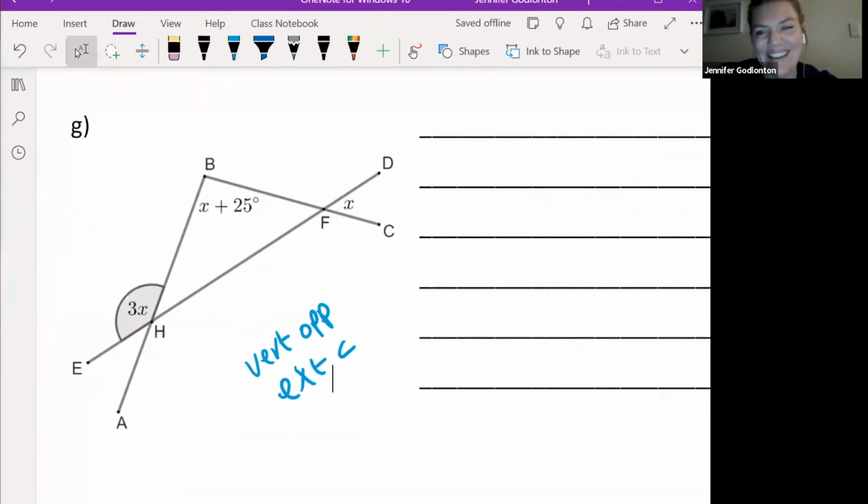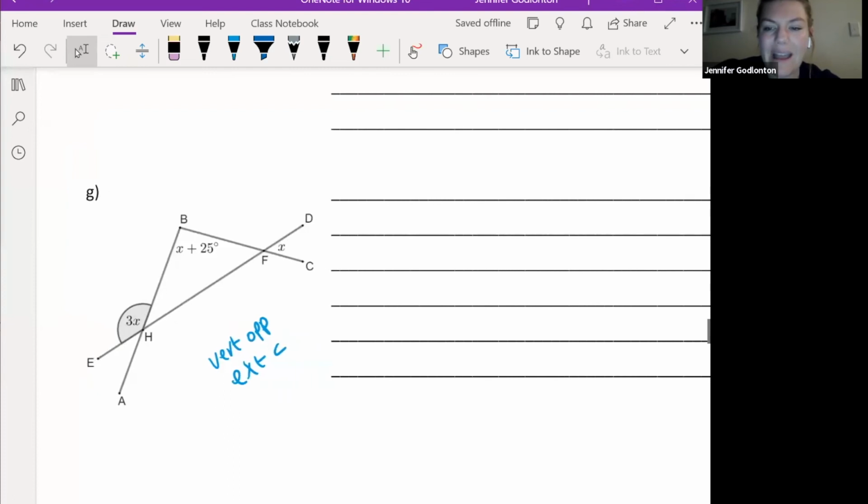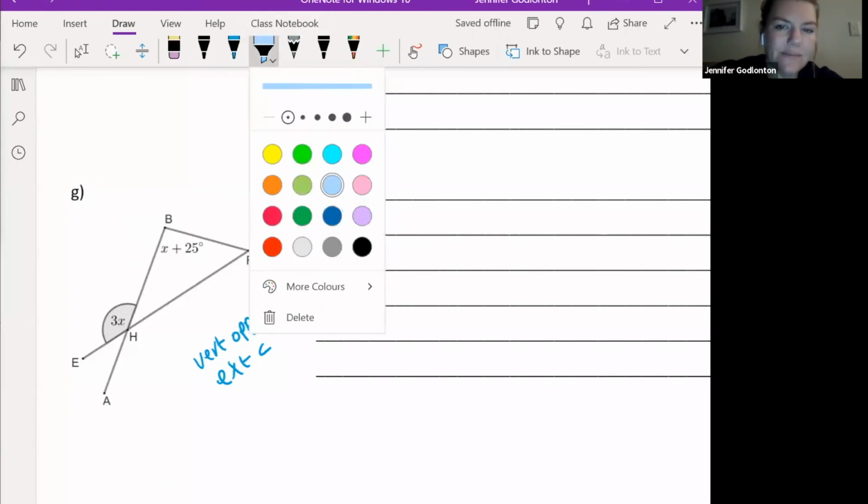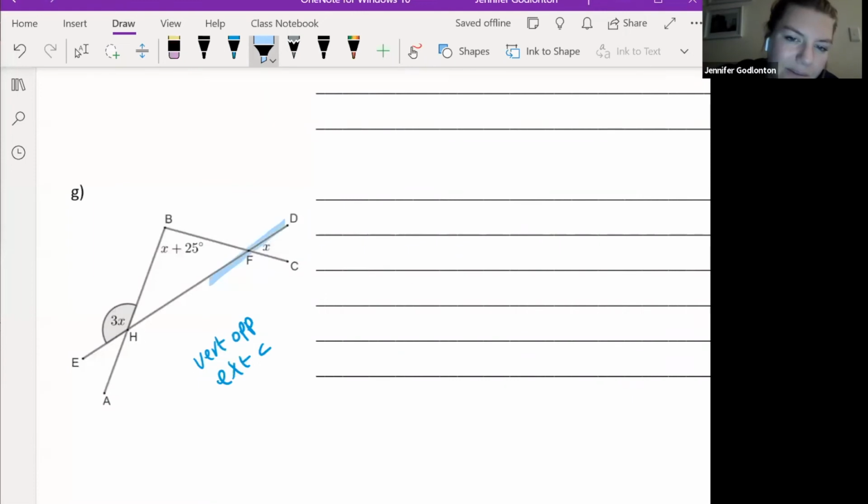Okay, let's have a look. So, my hints are vertically opposite and exterior angles of a triangle. First hint. If we have a look here, we've got a little bow tie. And if we've got a bow tie, then that would make that X. So the first thing that I'm going to write is BFH.